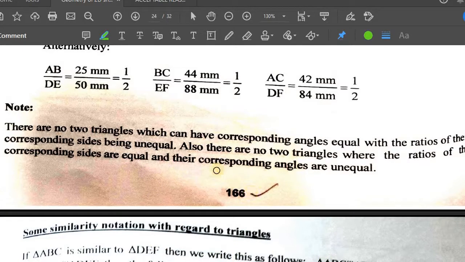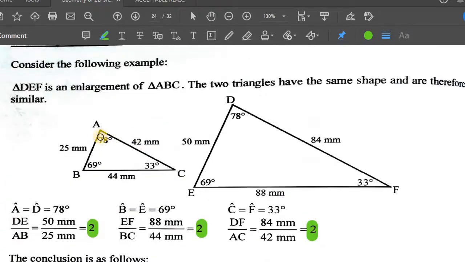What we're trying to say here is that if two triangles have corresponding angles equal, it doesn't matter for you to check if the ratios of the corresponding sides are in proportion.